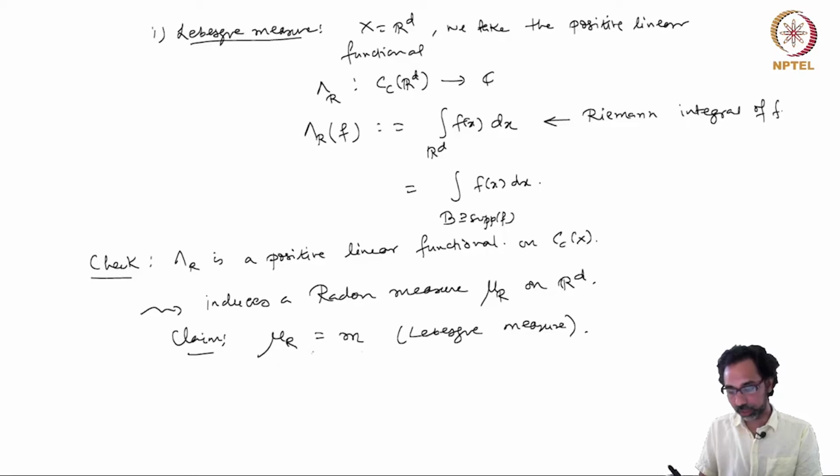If we have this equality on open sets, it's enough to show that mu_R equals m, because then the outer measures will be the same, and then the sigma algebra generated by the Carathéodory measurable sets will be the same, and so the measures will also be the same.